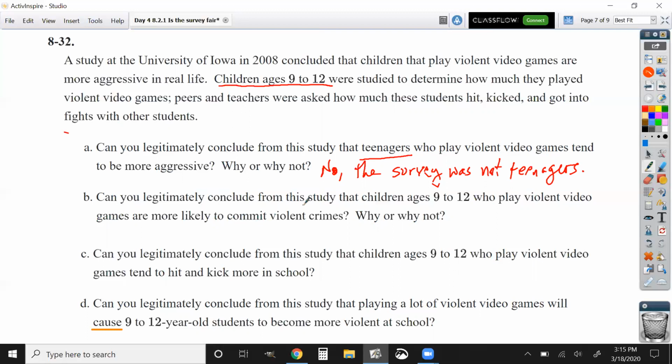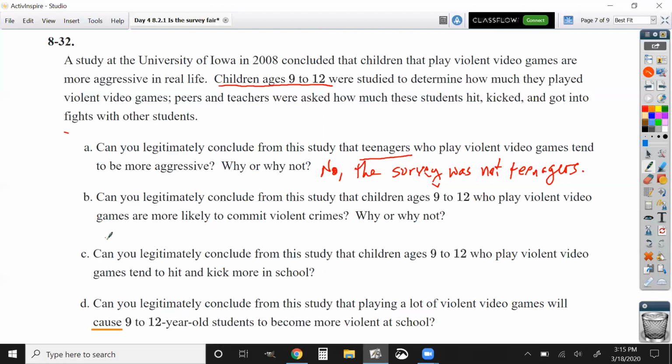Part B, can you legitimately conclude from this study that children ages 9 to 12 who play violent video games are more likely to commit violent crimes? I still think no. Now, they may find out from the data that that is true, that these kids hit and kick and got in fights more, but what if the people playing the violent video games were violent people already? Did the games make them violent, or were they already violent and then they liked playing the games?